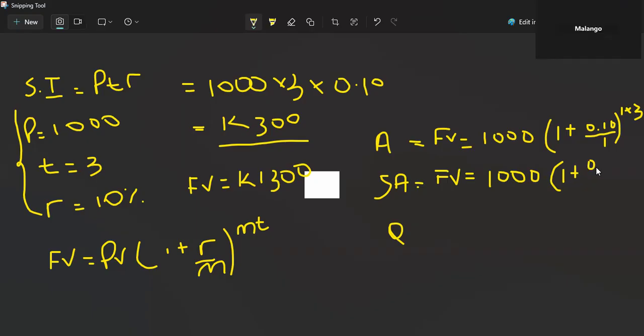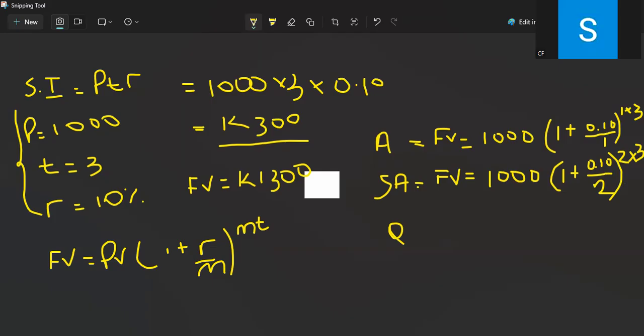Twice, correct. So where there's a 1, we're going to put a 2. Then here, 2 times how many years? 3 years, okay?